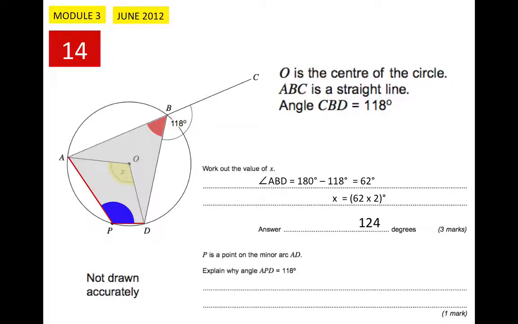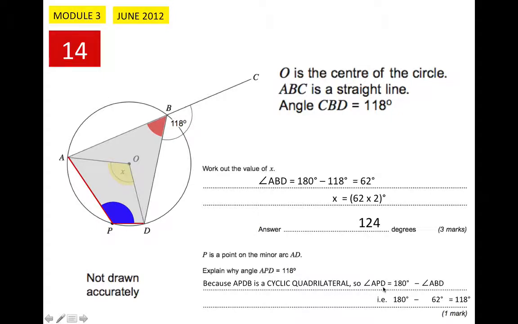Now we already know what the red one is because we worked it out in the first part of the question. It's 62 degrees. So the blue one is 180 minus 62, which is 118. So we're going to write down it's 118 because APDB is a cyclic quadrilateral.